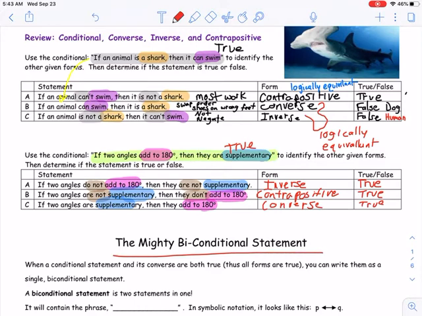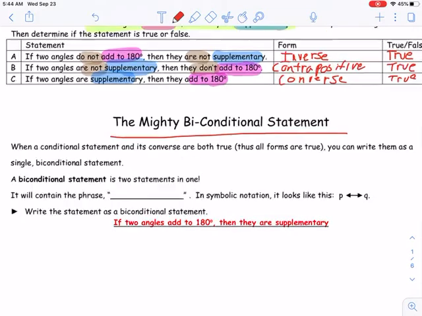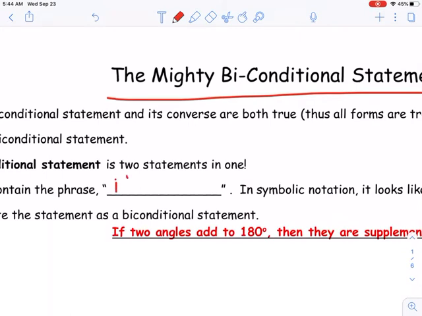Alright, the biconditional statement is the last statement we're going to talk about. When a conditional statement and its converse are both true, thus all forms are true, you can write them as a single biconditional statement. A biconditional statement is two statements in one. It will contain the phrase if and only if.